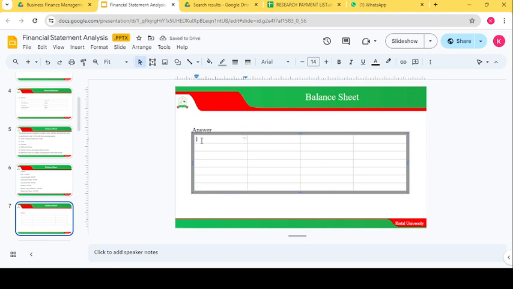So here we have our assets. Here let's put our amount, and then here let's put our liabilities. And then here we put our amount.